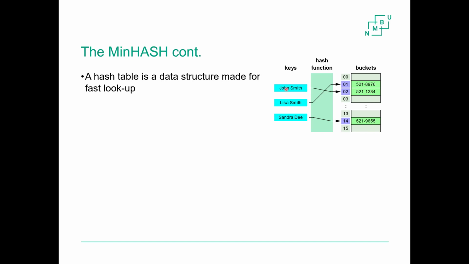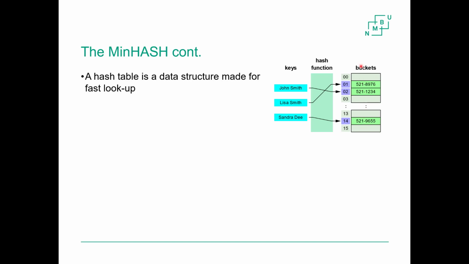And then you want to look up the phone number given a name. I give you a name and you want to make a fast lookup. What is the phone number of this person? Then you typically have the keys, that's the information that you have, the name. And then you store the phone numbers in an array, in a vector.